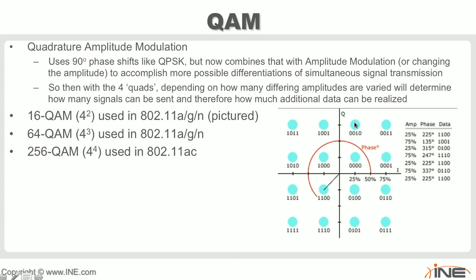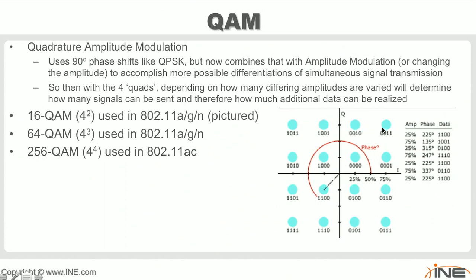If I have increased power, so this is 25%, 50%, 75%, and I'm in this particular quadrant, which based on the center is probably about 10 or 15 degrees. So if I have 75% amplitude or power, and about 15 degrees in my azimuth or my quad, I'm representing the binary figure of 0010, or at least that symbol.